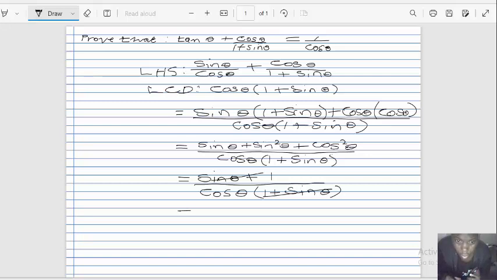So you have your 1 over cos theta, which is the same as the right hand side. Therefore RHS, right hand side, so it is equal. You've proved everything, and this is it. Thank you for watching.